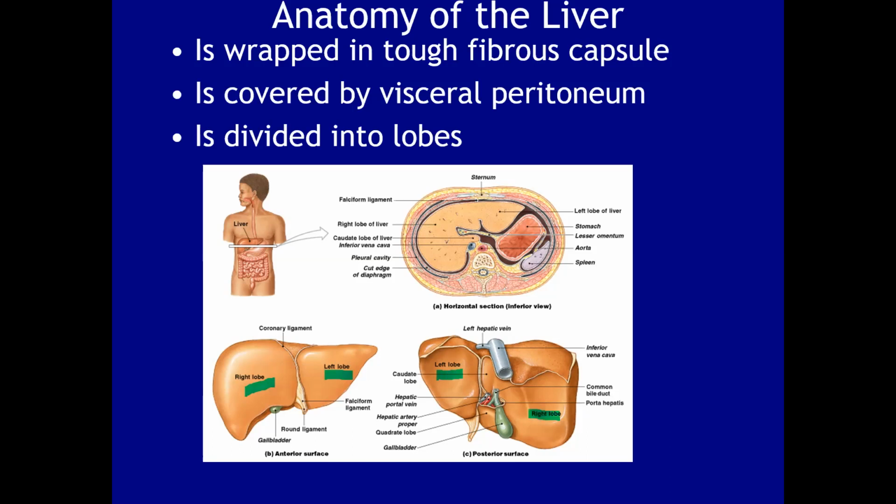Here is your right lobe, but also you can see this tiny little lobe right here that is called your caudate lobe. Also at the posterior surface, you can see your gallbladder, the full gallbladder. It's about the size of your thumb. If you go back over here and look at the anterior surface, you can see where it peeks out between your stomach and your liver.